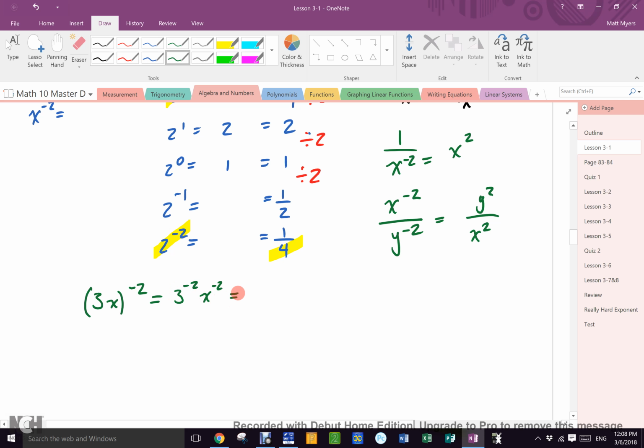What there isn't allowed? Negative. So where do they go? To the denominator. So I end up with 1 over 3 squared and x squared. How do I finish that off? 9x squared. Good? Good? Okay.